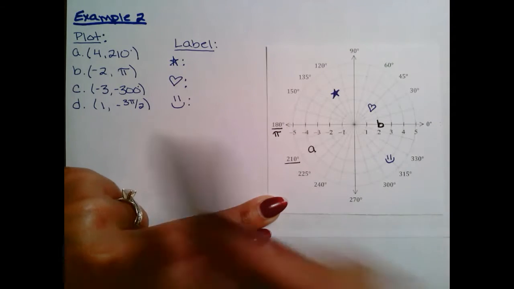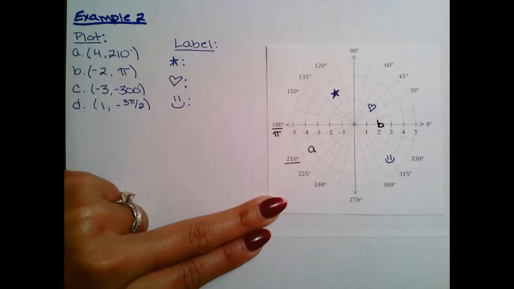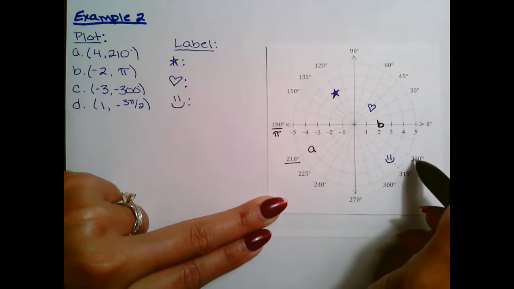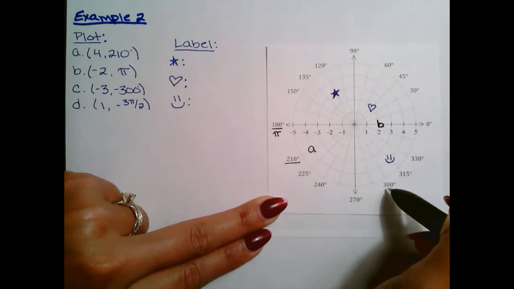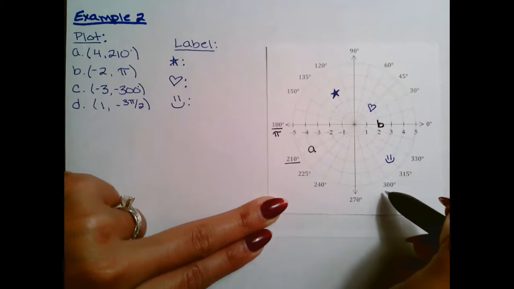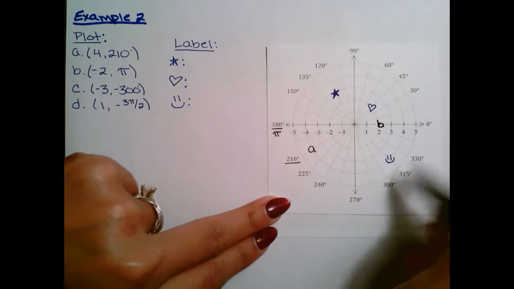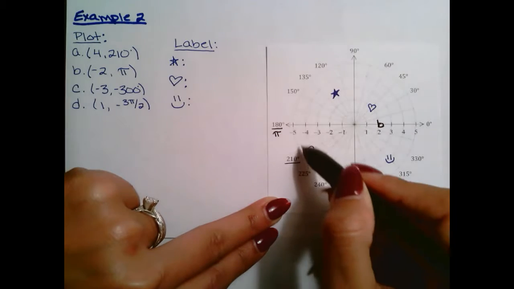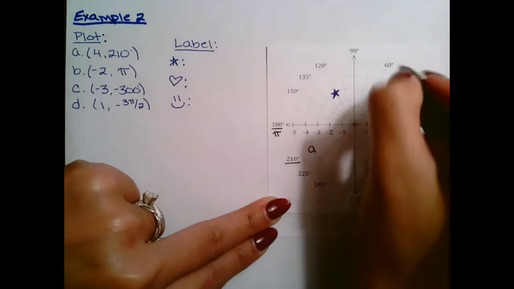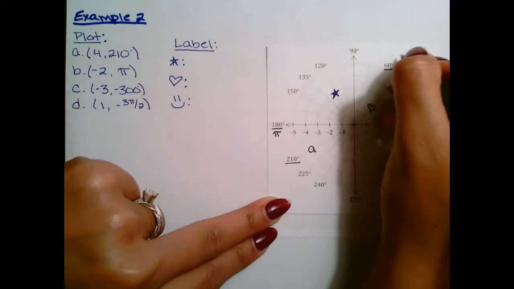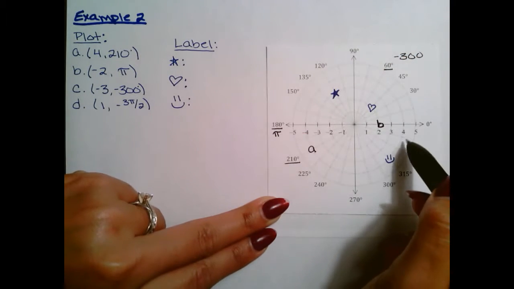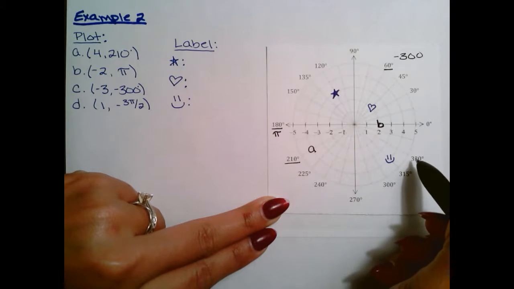Okay? C says -3 comma -300. Well, if positive 300 goes 3 of these, all the way around, I'm going to go the other way. So I'm going to go all the way to say 300 degrees. -300. So in my class, I ignore these extra lines and I count.